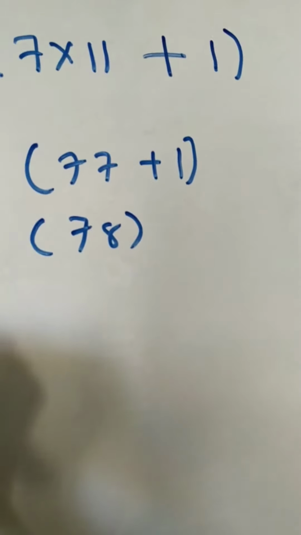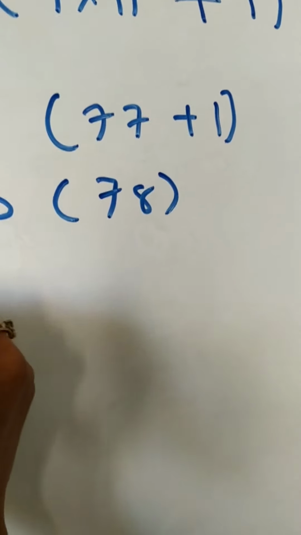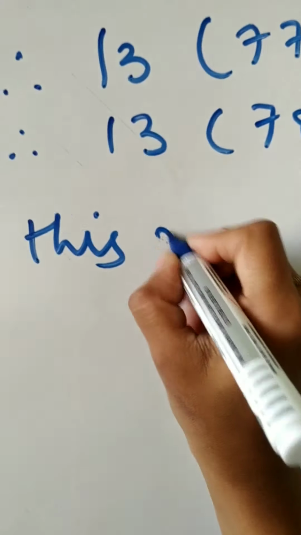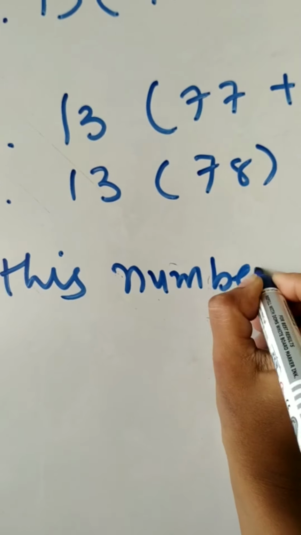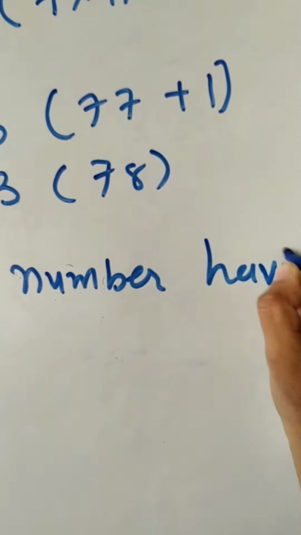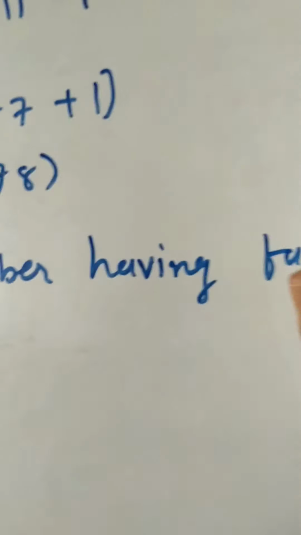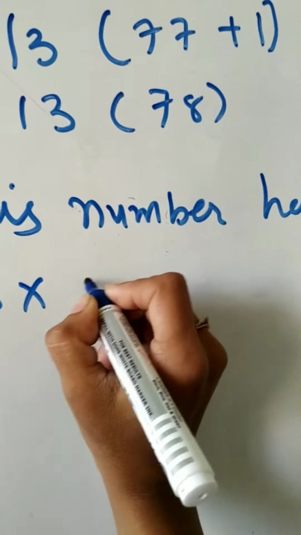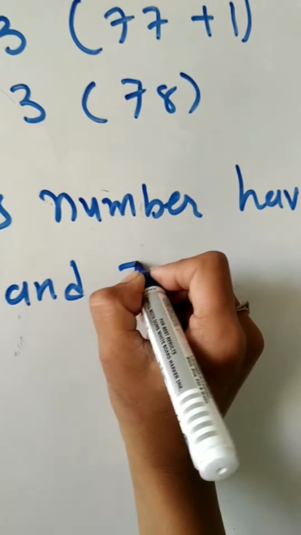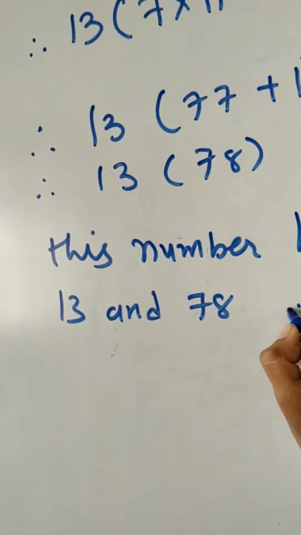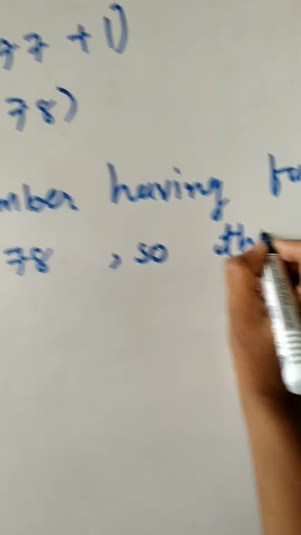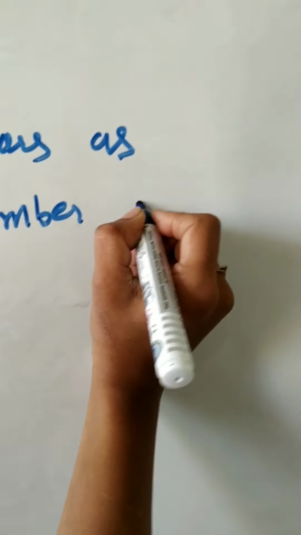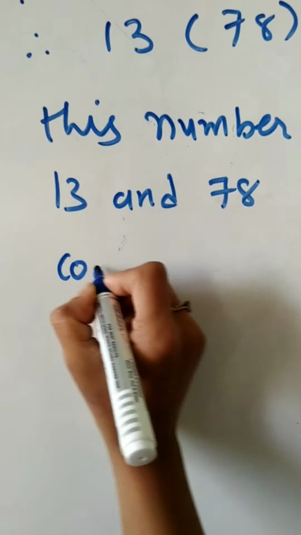So here we will write that this number has factors 13 and 78, so this number is a composite number.